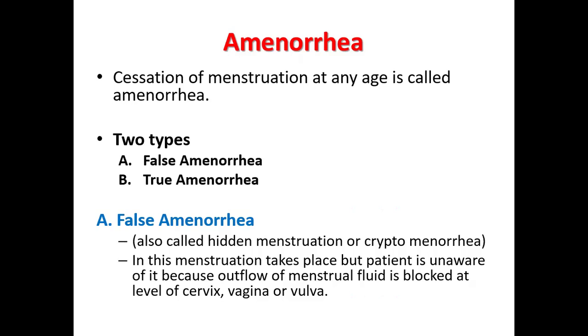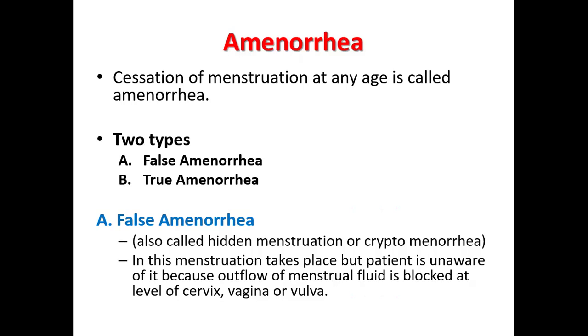There are two types, the false amenorrhea and the true amenorrhea. The false amenorrhea, which can sometimes be called cryptomenorrhea or hidden menstruation, is when menstruation occurs but the patient is unaware of it because the outflow is blocked. It may be blocked at the level of the cervix, the vagina, or the vulva.